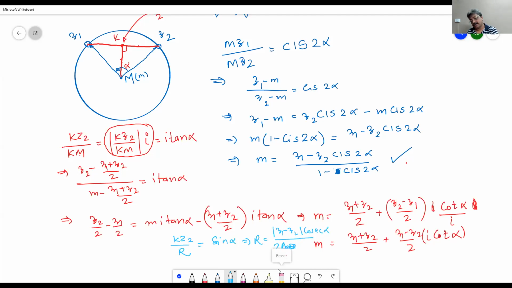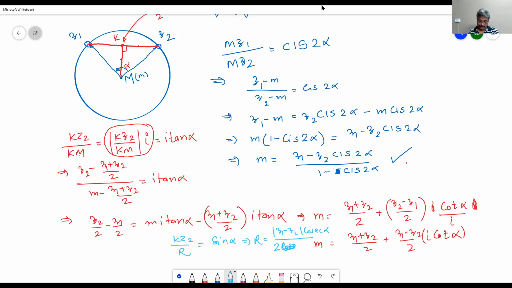This is the radius: the absolute value of Z1 minus Z2 times cosec alpha into half. This is something which can be remembered. Now if you put Z1, Z2 and alpha in these two formulae, you will get the answer for the earlier question.